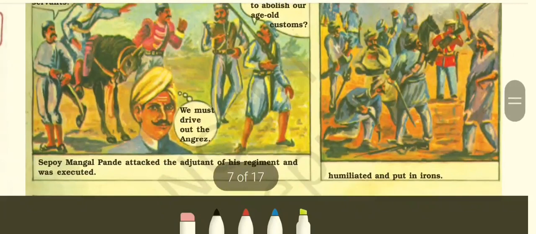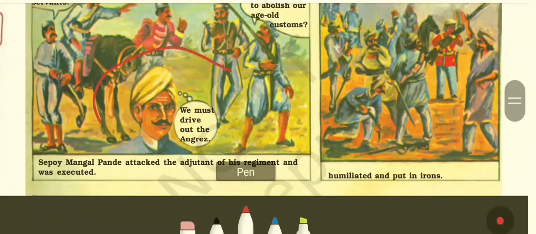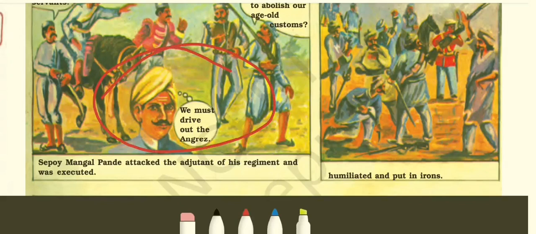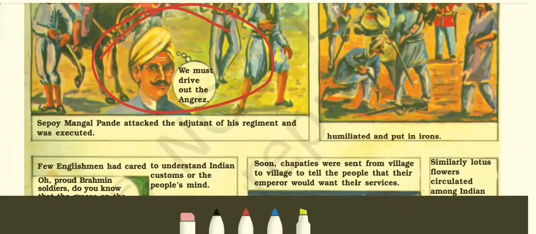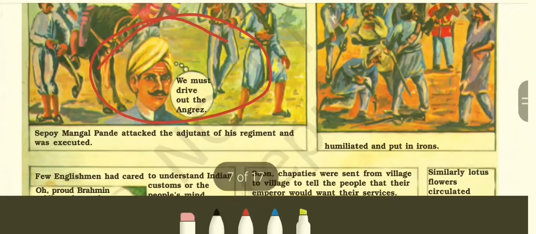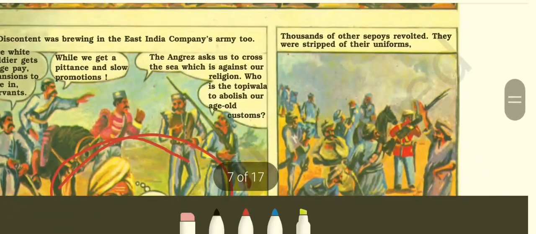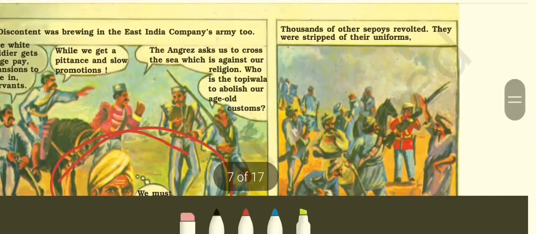So here comes the rise of Mangal Pandey, a very brave person. Not much of an account is mentioned here. So Mangal Pandey led a huge rebellion, and then he was a martyr. So Sepoy Mangal Pandey attacked the adjutant of his regiment and was executed. So he was punished. Okay. Thousands of other sepoys revolted after this.